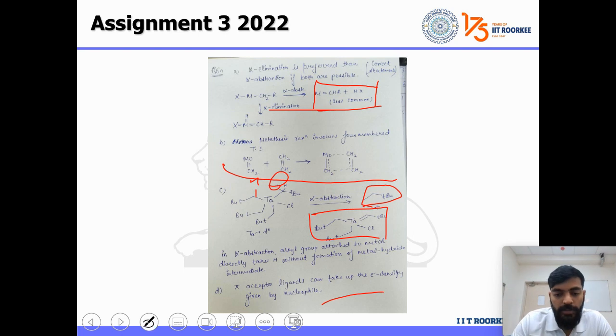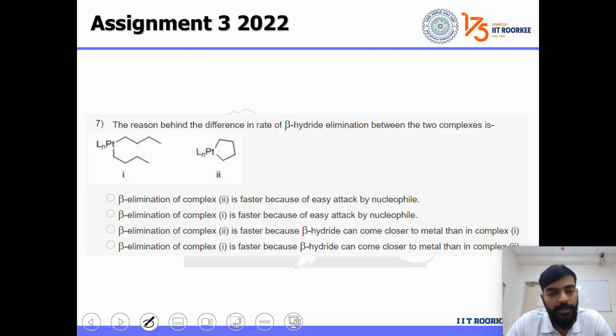Then again, acceptor ligands can take up the electron density given by the nucleophile. Understood. Let's move to the next question. The reason behind the difference in the rate of beta hydride elimination between two complexes. First, tell me which one is faster.